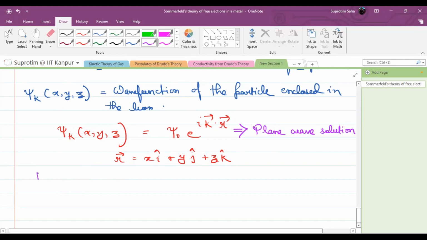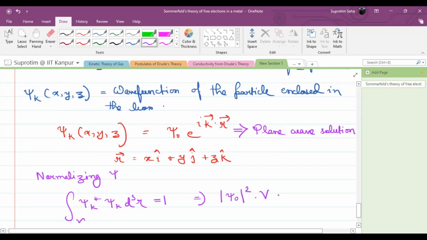So normalizing, the integration of psi k star psi k d cubed r, which is a volume integral, is 1, implying modulus of psi naught squared times V is 1, because d cubed r will be integrated to V, and your psi naught will be given by 1 over root V.